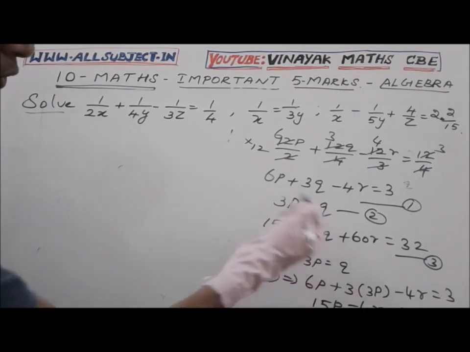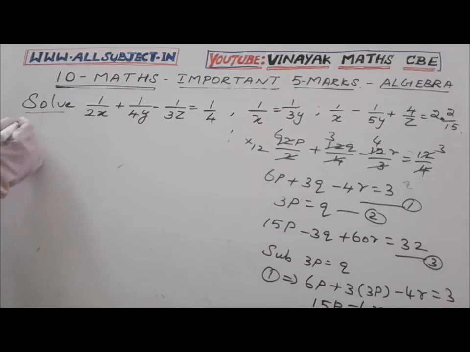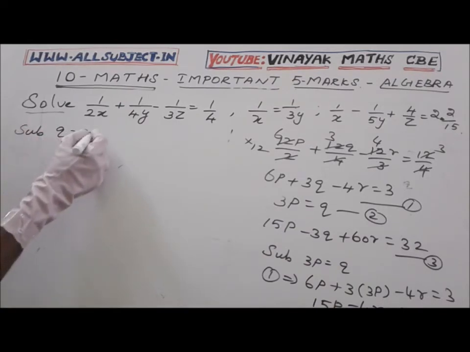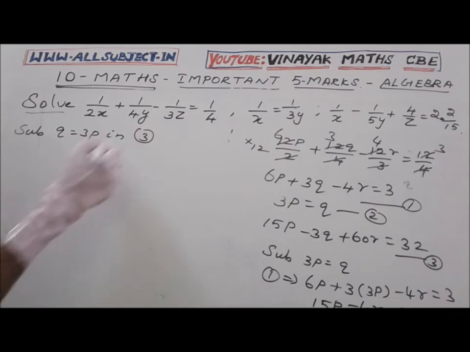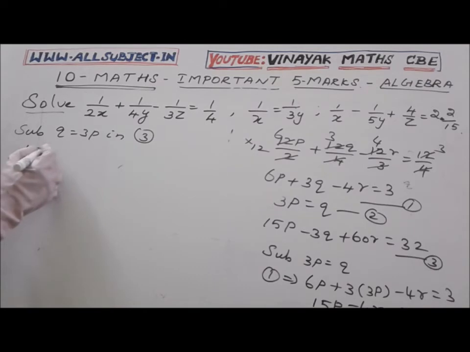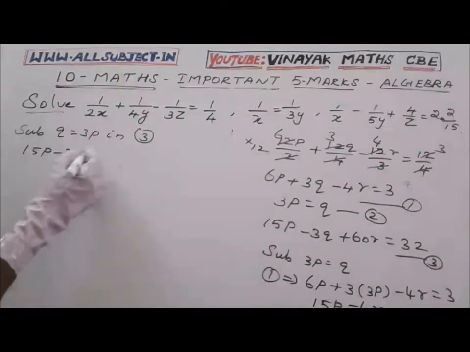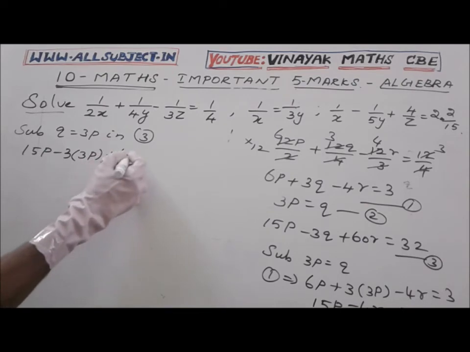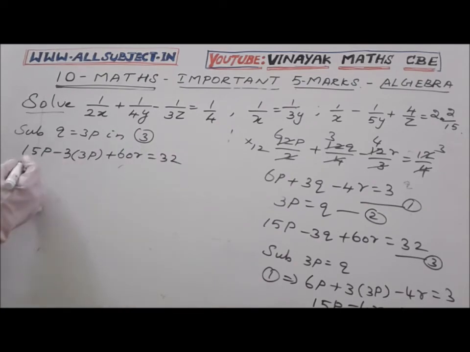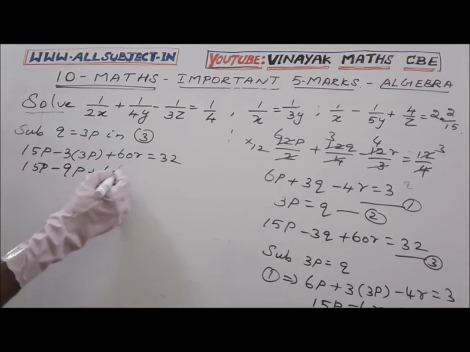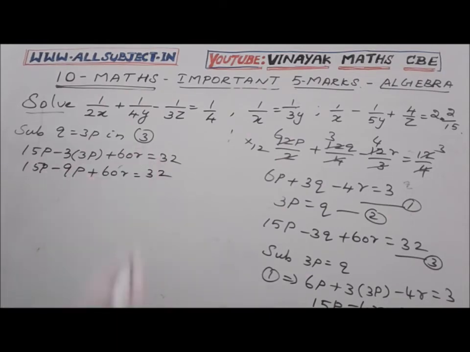Substituting Q equal to 3P in the third equation, we will have 15P minus 3 into 3P plus 60R equal to 32. 15P minus 9P plus 60R equal to 32.